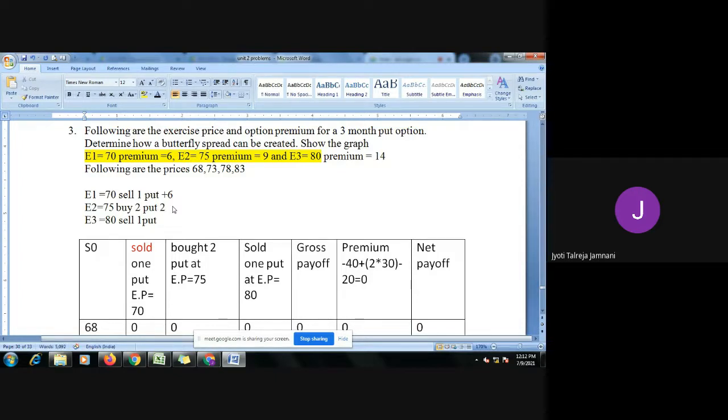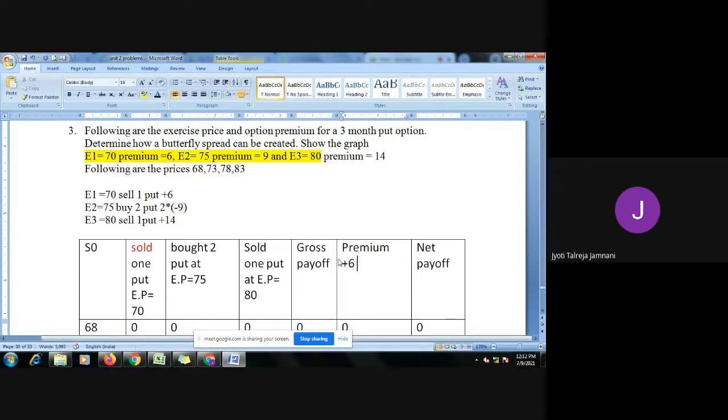So 2 into, I have bought two options. So 2 into minus 9. 9 rupees per option premium. For two options, I will pay 9 rupees two times. And the last option I have sold, so I will receive a premium of 14 rupees. So premium will be here plus 6 because you have received this premium.